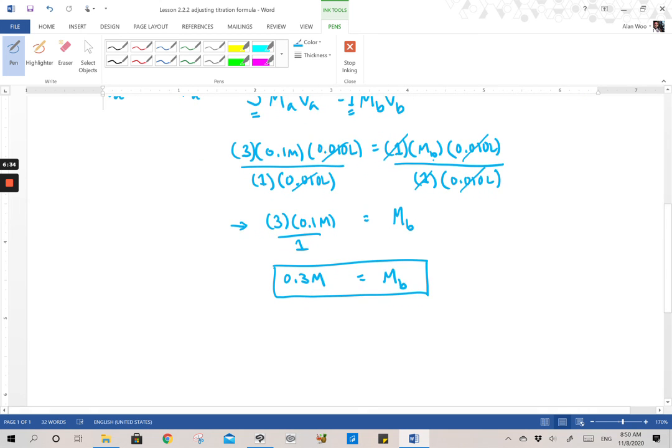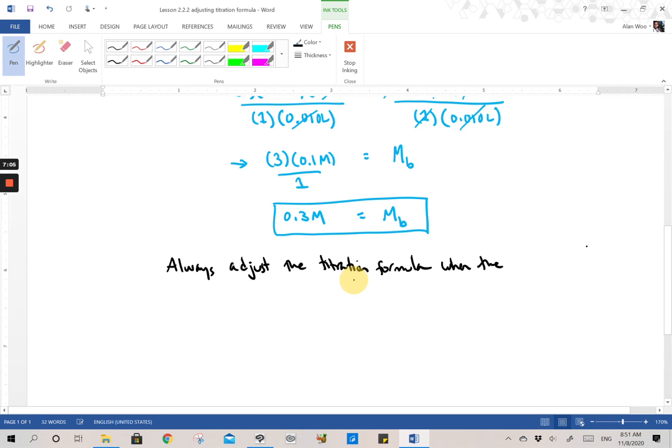So always adjust your titration formula when the ratio is not one-to-one.